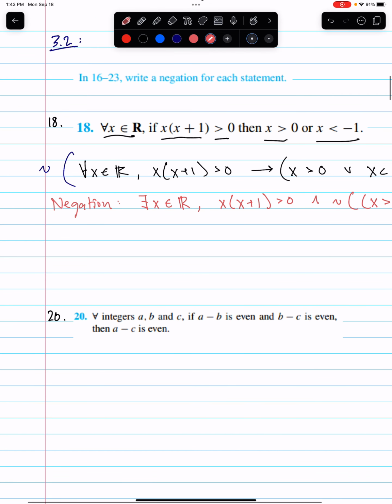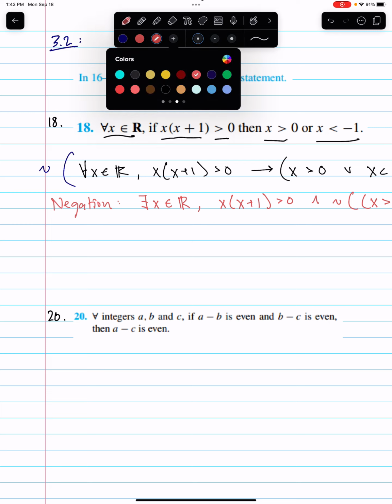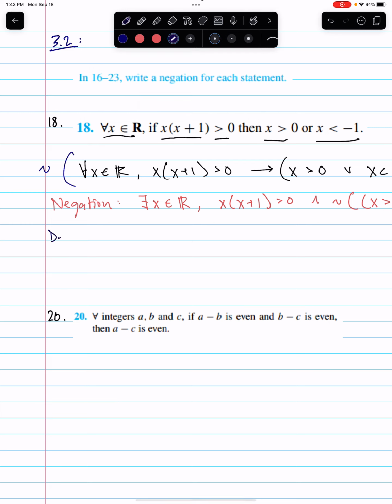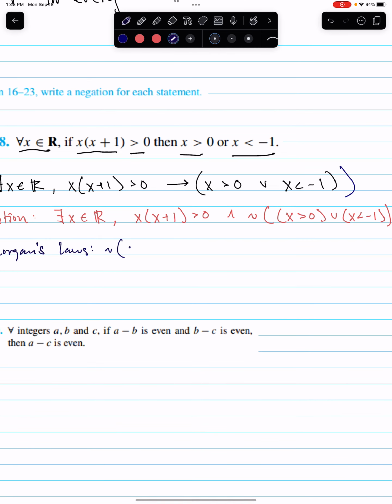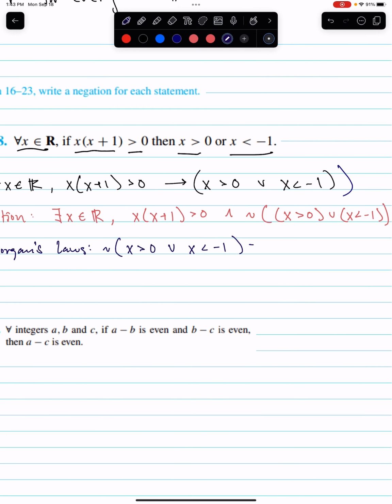But if you recall De Morgan's laws, using De Morgan's laws, we see that the negation of x is greater than 0 or x is less than negative 1, we just flip everything. So this becomes x is less than or equal to 0 and x is greater than or equal to negative 1. That's the negation of that.